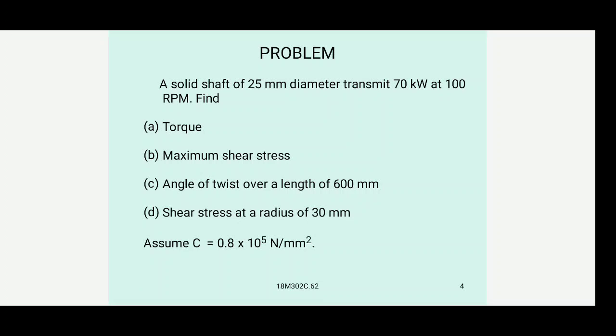Find A, torque; B, maximum shear stress; C, angle of twist over a length of 600 mm; and shear stress at a radius of 30 mm. Assume C is equal to 0.8 into 10 to the power of 5 Newton per mm square.